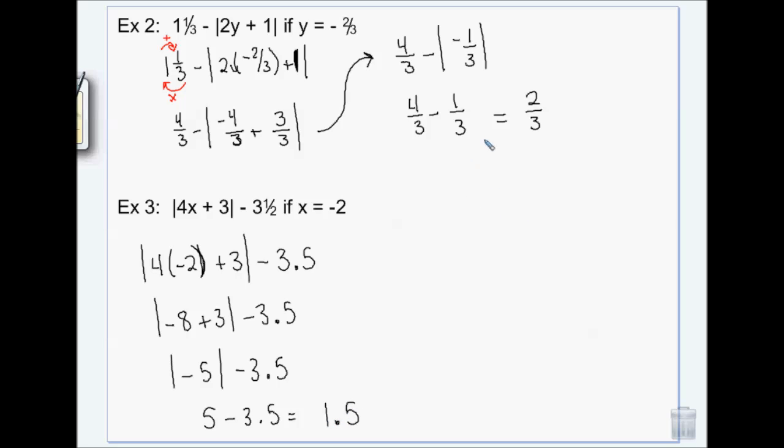Fractions that are easy to convert to decimals that will stay accurate are your halves, fourths, usually eighths, fifths, tenths, and then multiples of these, like 20ths and things like that.